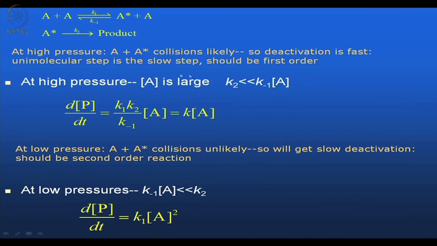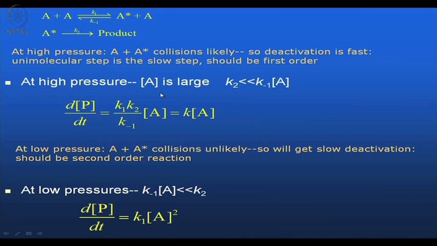Okay. So, let us again try to understand it. A plus A giving rise to A star plus A with K1 and K minus 1, then A star giving rise to product. At high pressures, A plus A collision is likely. So, deactivation is fast, and the unimolecular step is the slow step. So, this is the slowest step, because this is the fast one. The A plus A step under high pressure condition occurs very fast.